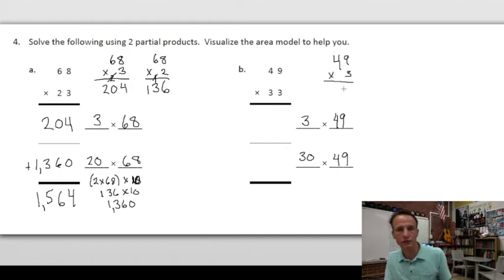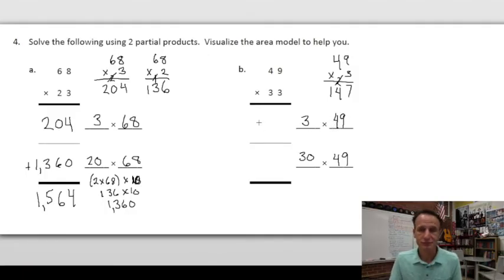Watch the magic. 3 times 9 is 27. 3 times 4 is 12. Plus 2 is 147 there. Okay, so you see how we did that? So 3 times 50 would be 150, but this is going to be 3 less. Yeah, okay. Again, if that makes sense to you, run with it. If not, run away from it.